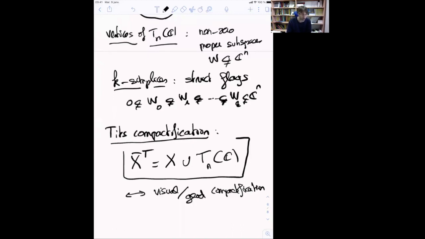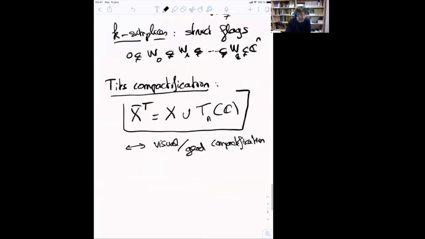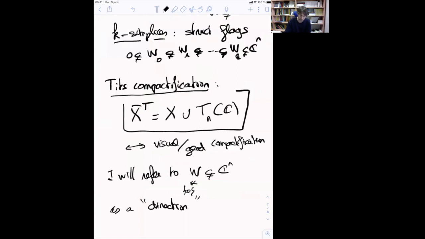I will be a bit sloppy and refer to a subspace, a non-zero proper subspace in Cn, as a direction at infinity, except that I'm a bit sloppy here.